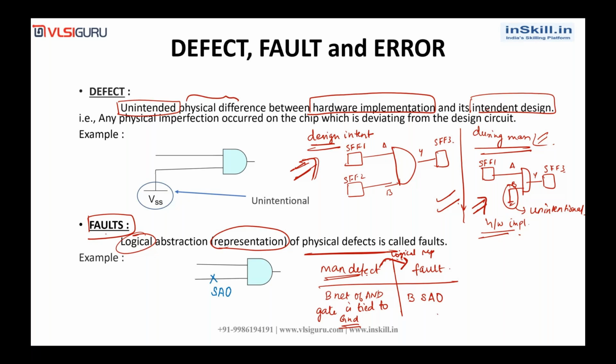It is always stuck at 0. This is how you can represent it. B stuck at 0. That is the logical representation of the fault.